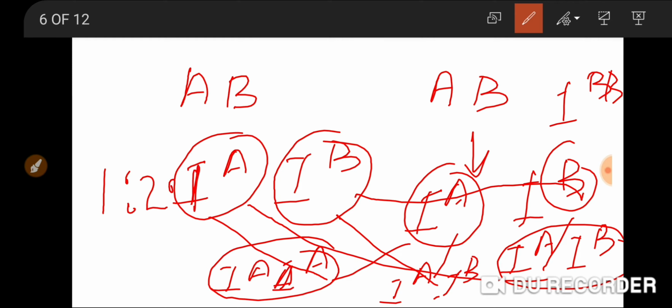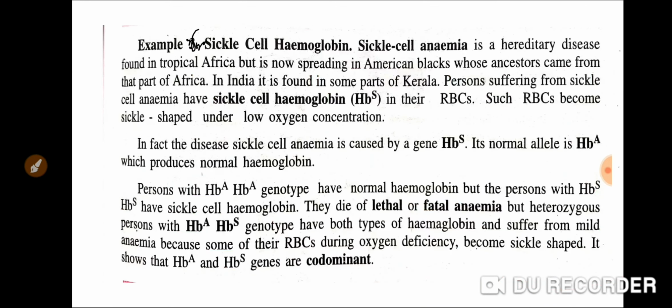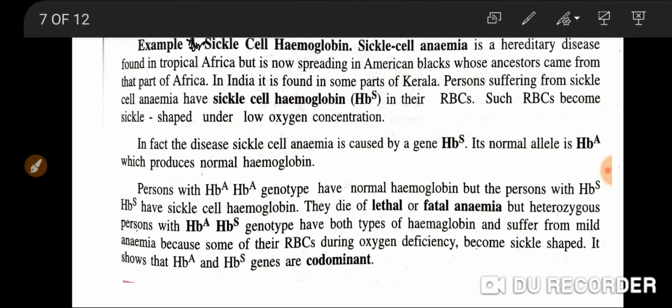So the ratio is 1:2:1 when heterozygotes for the codominant alleles are crossed with one another. Now let's try to understand codominance with one more example, that is sickle cell anemia.